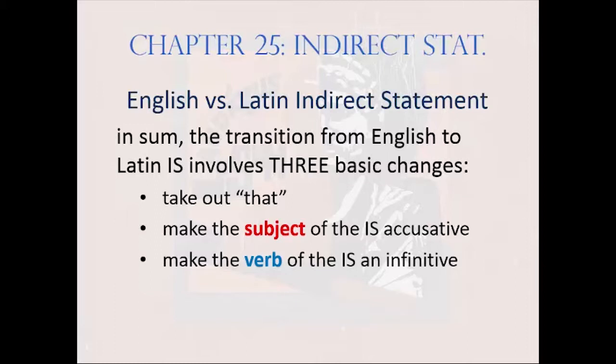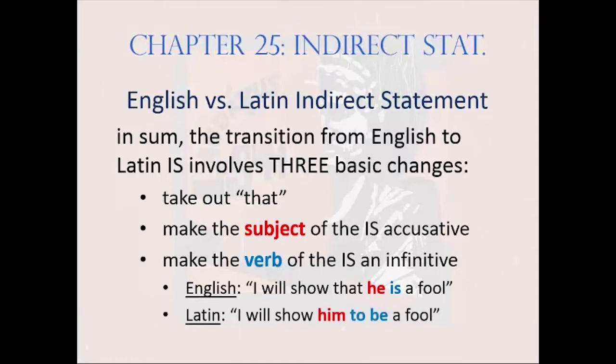Third, make the finite verb an infinitive, and be careful with the tense. So, for example, where English says, I will show that he, nominative subject, is, finite verb, a fool, Latin will say, I will show him, accusative subject, to be, infinitive, a fool.